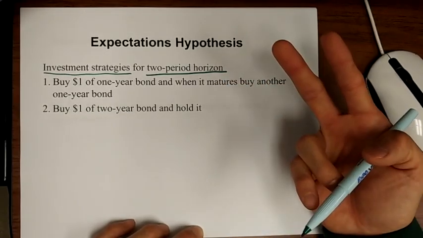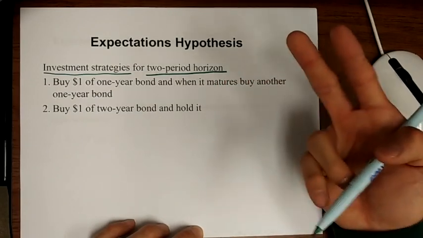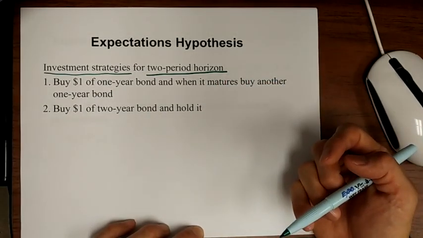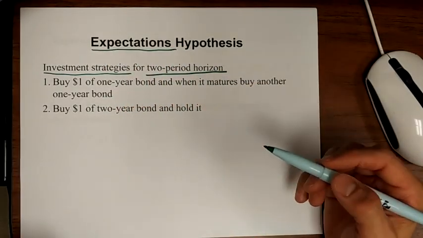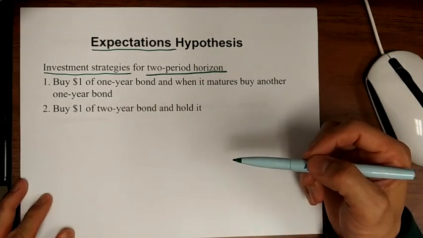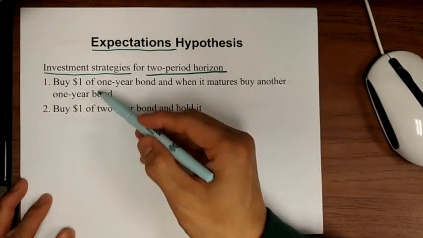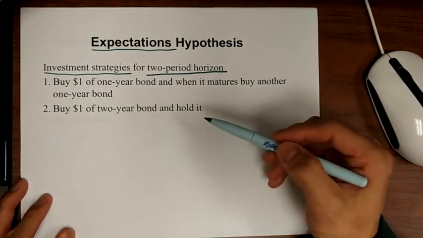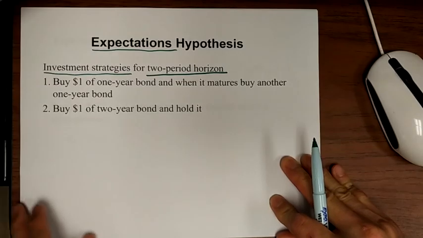The second strategy is you just buy a 2-year bond and hold it for 2 years. Now, the expectations theory says bonds of different maturities are perfect substitutes. Therefore, these two strategies should give you exactly the same expected return.